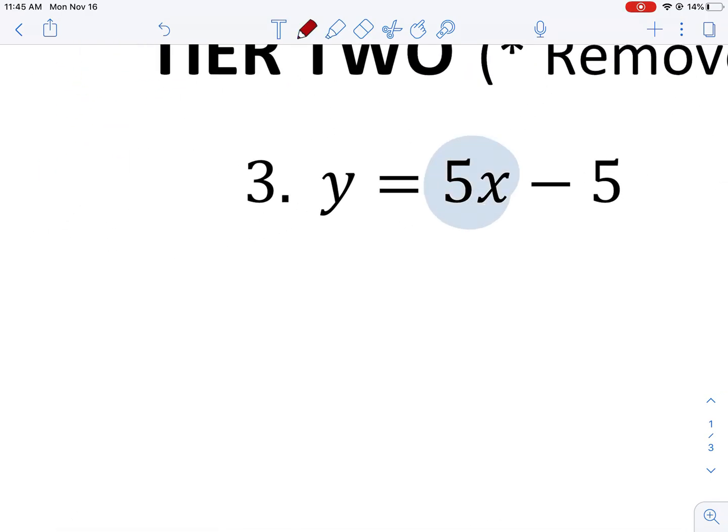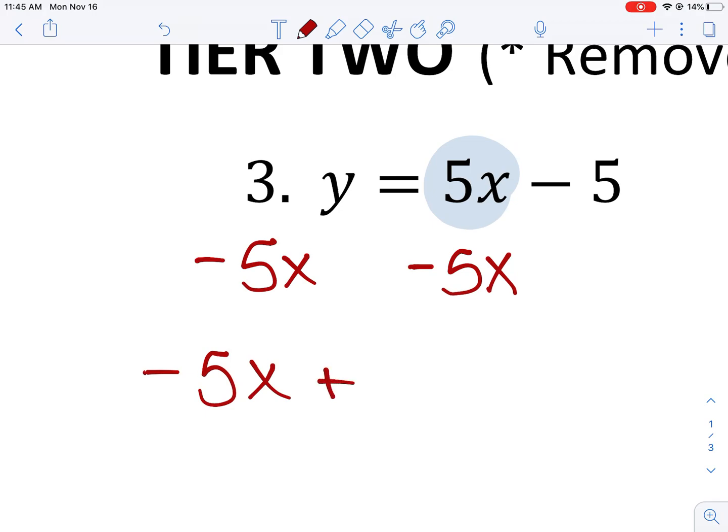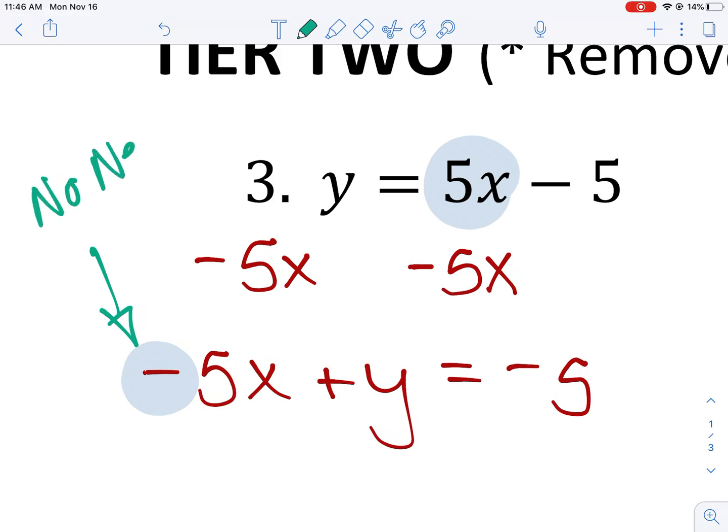Example 3, now we are moving positive 5x, so we have to subtract it. So we have negative 5x plus y equals negative 5. Now in this situation, the coefficient in front of x is negative, and we can't have a negative.